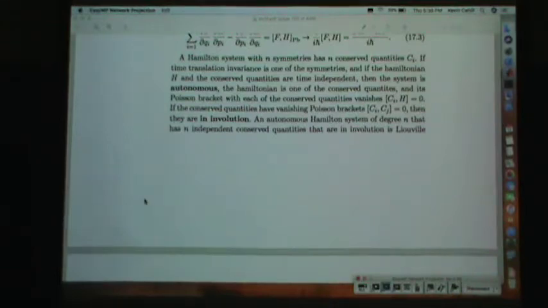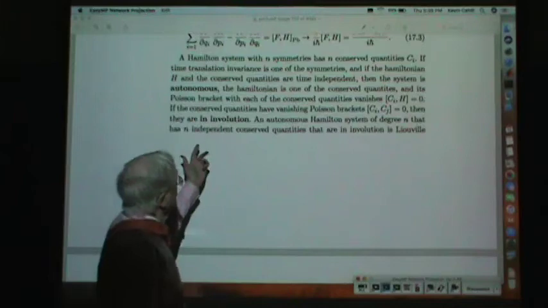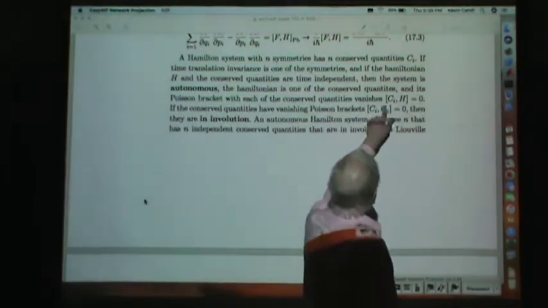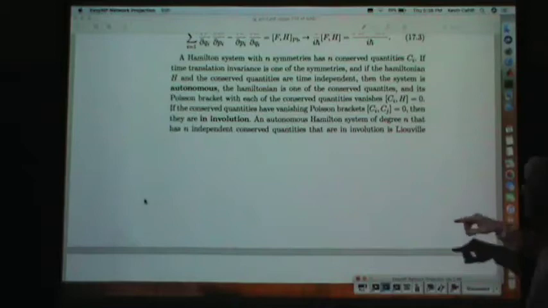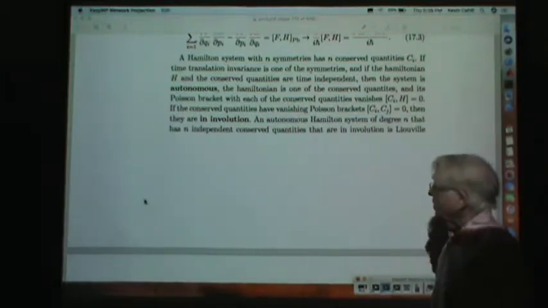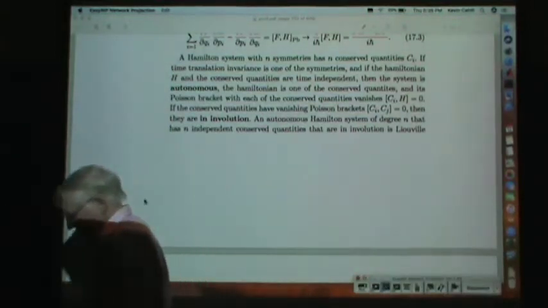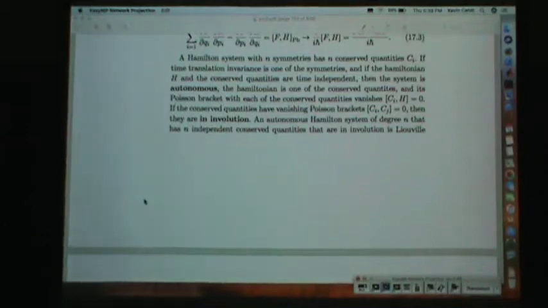In this case, we say the system is autonomous, and the Hamiltonian is one of the conserved quantities, and its Poisson bracket with each of the conserved quantities vanishes.